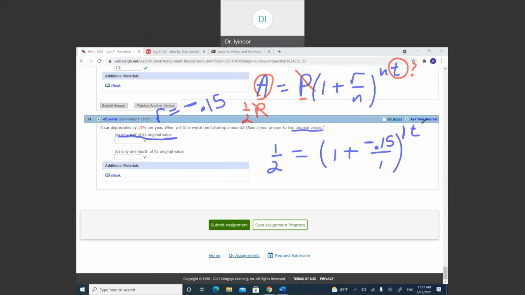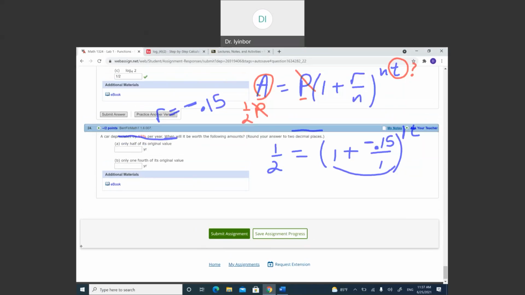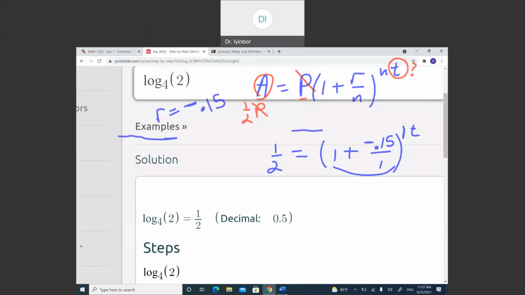How do you do that? You can do this in the calculator. I'm going to just plug it in. Okay, I know 1/2 is 0.5, and I'm going to simplify that.